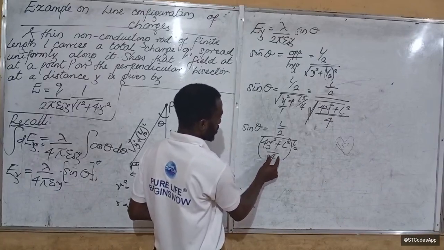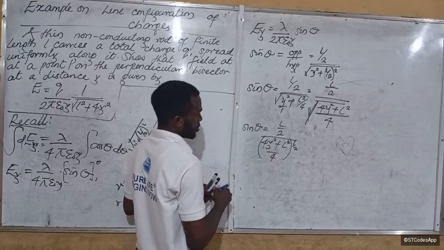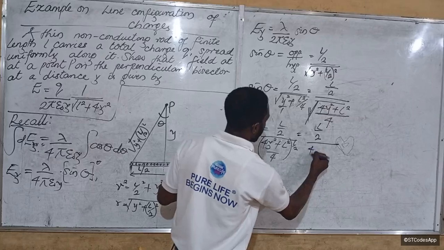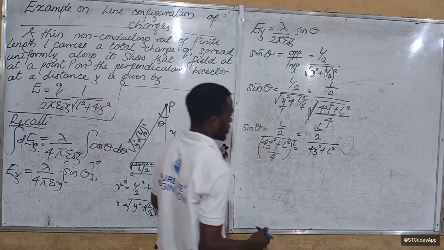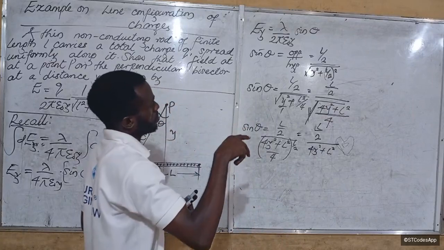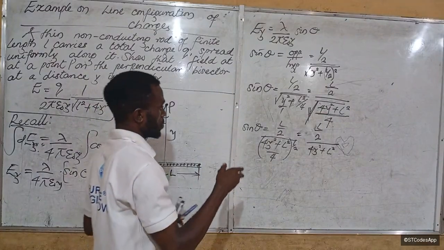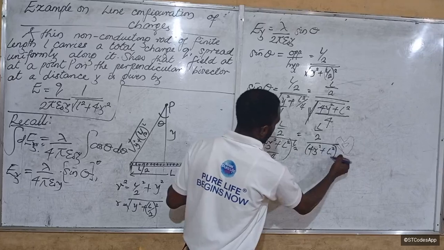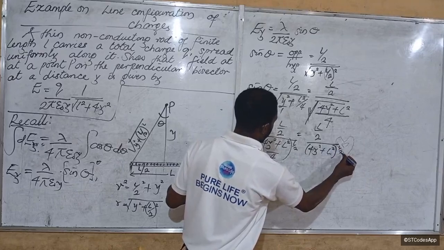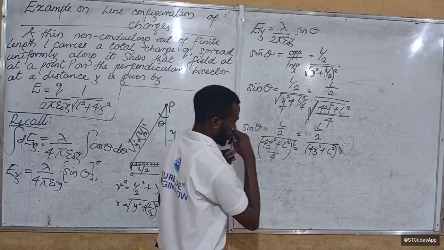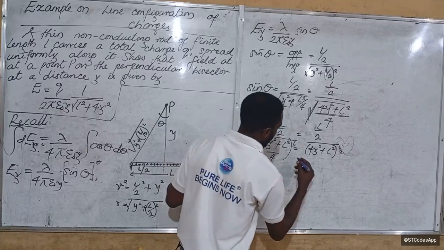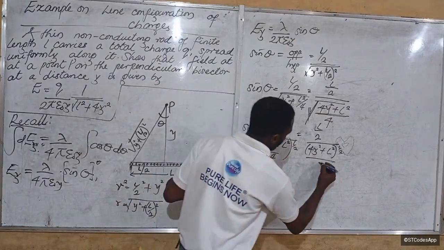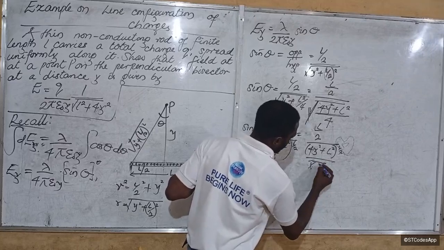We can take the square root of this guy, and we'll have L over 2 over 4y squared plus L squared, opposite over hypotenuse, all raised to the power half over the square root of 4.